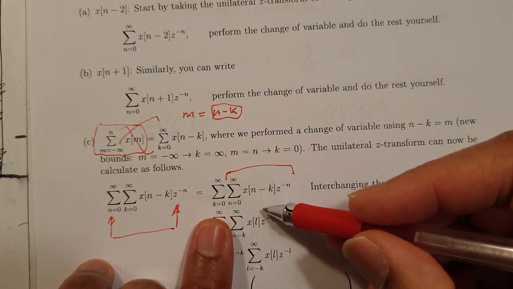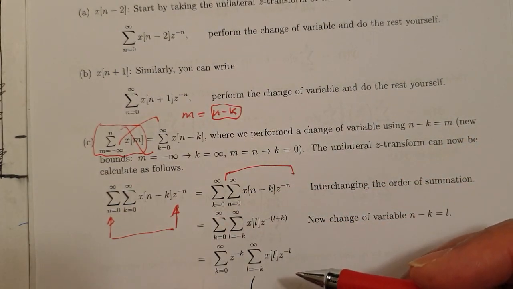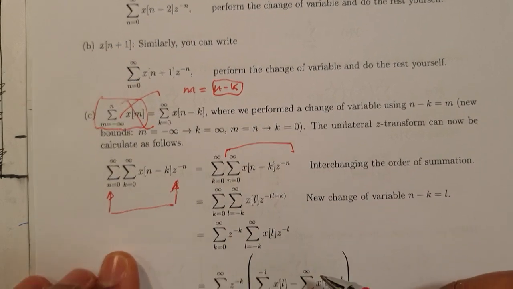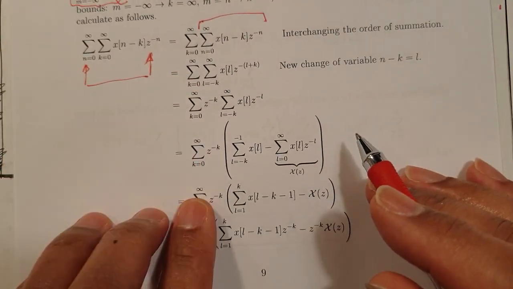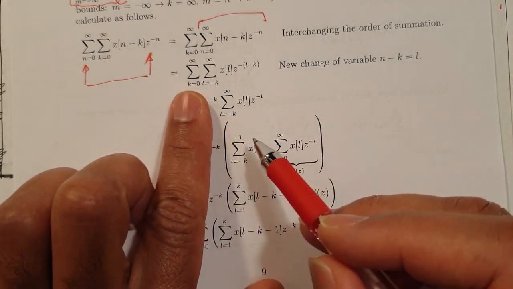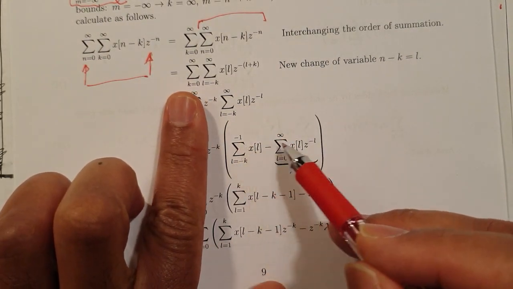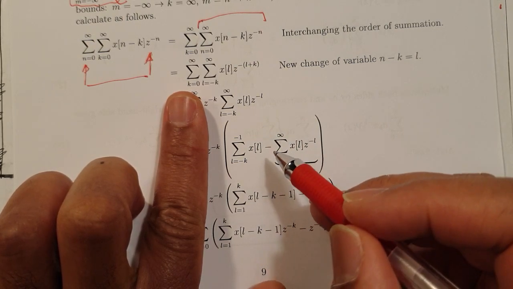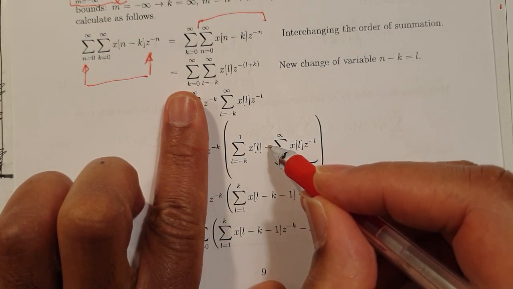The rest you can see from here, disregarding this summation for a moment. Okay, so let's look at this. Then from here we separate it into two summations, two sums.